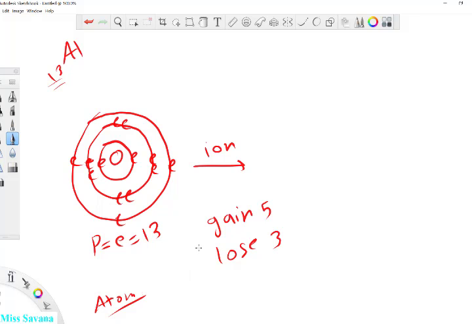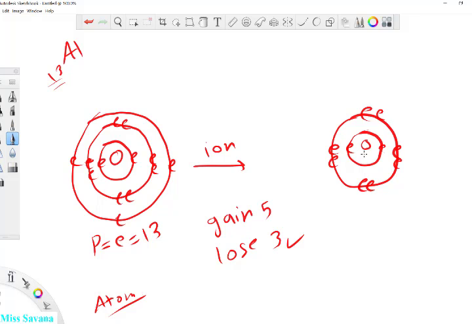Okay? So the simple answer is that it loses 3 electrons. So let's do it. 1, 2, 3, 4, 5, 6, 7, 8, 9, and 10. So I lost 3 electrons. So my protons are actually still the same. They are 13, but my electrons are deducted, so they are 10.